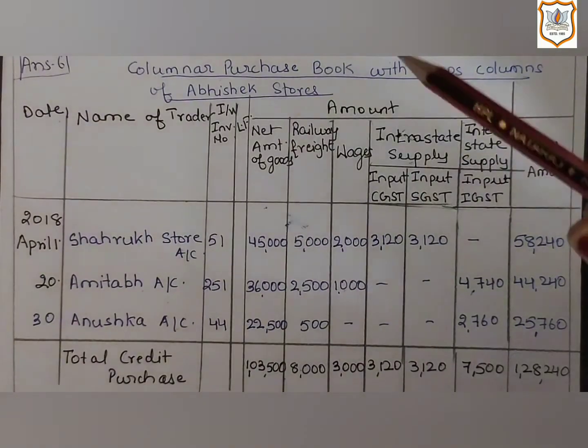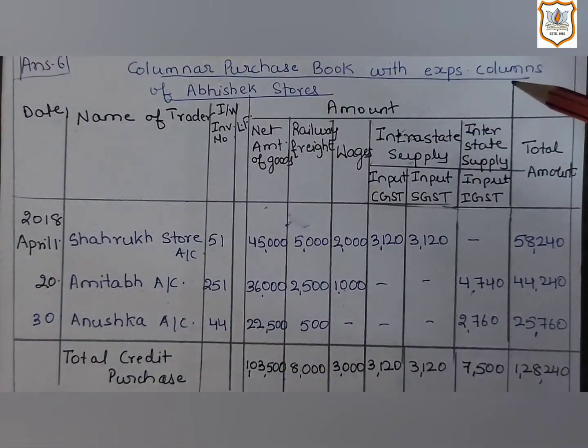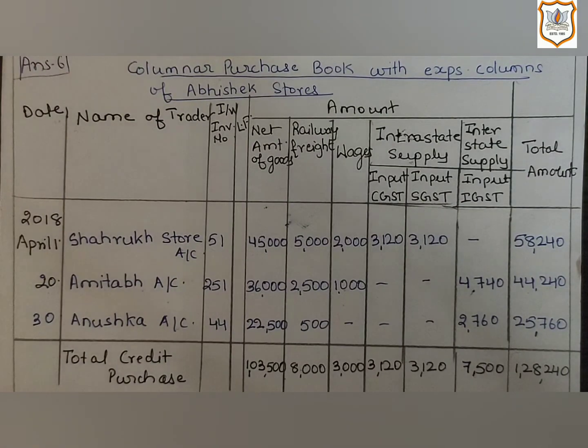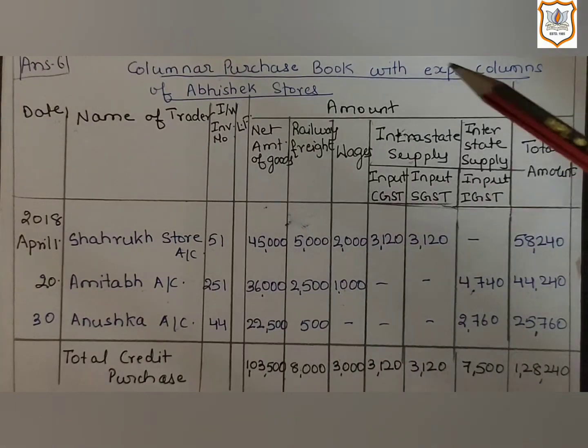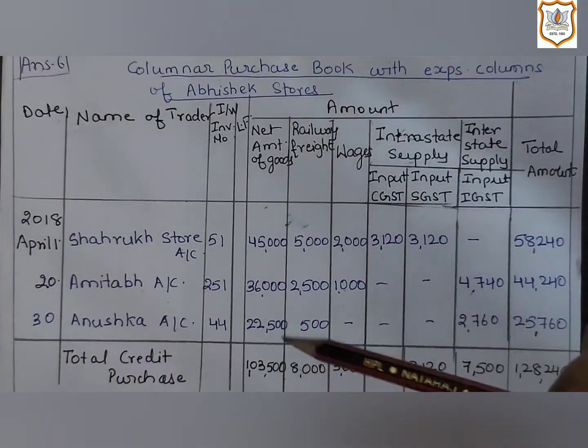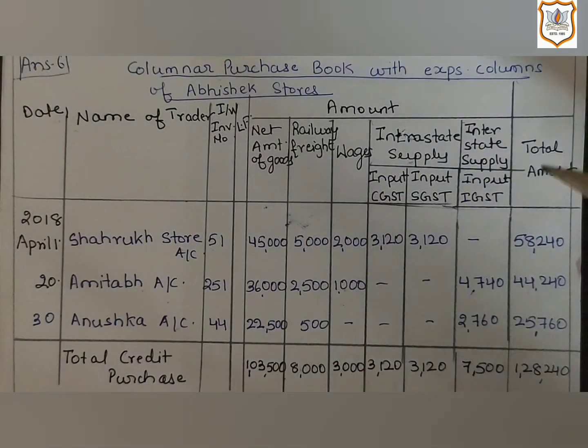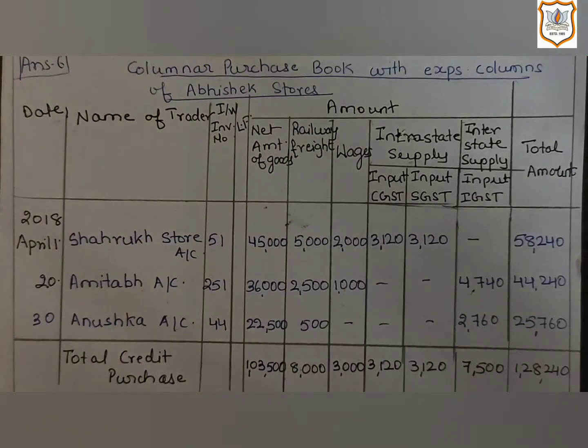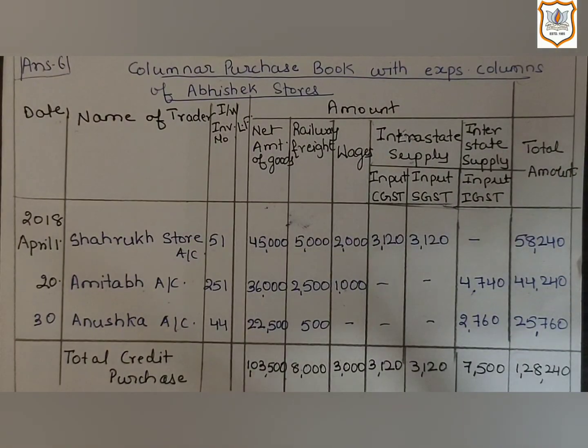So by preparing columnar purchase book with expense columns, we get information about total of different expenses relating to purchases and total of net amount of goods that we have to pay to our suppliers. So this is very easy. I hope you would have understood this.